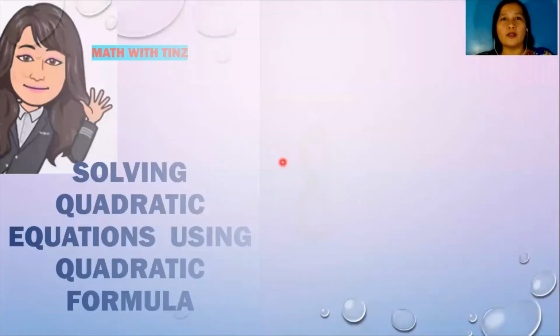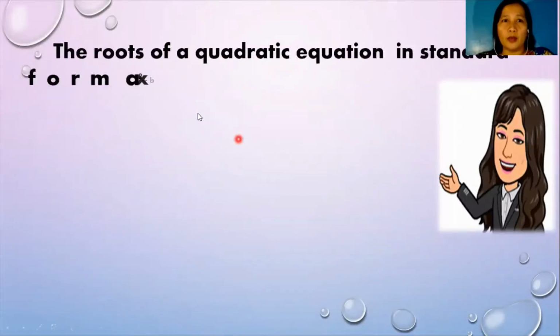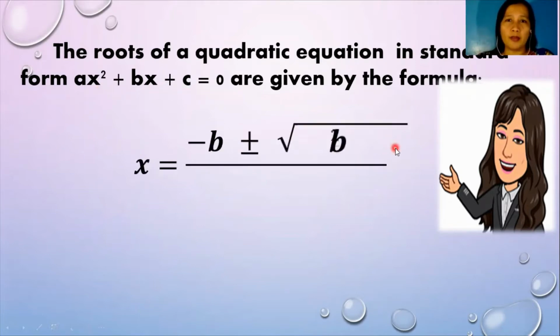Teens. So, it is said that the roots of a quadratic equation in standard form ax squared plus bx plus c equals 0 are given by the formula.